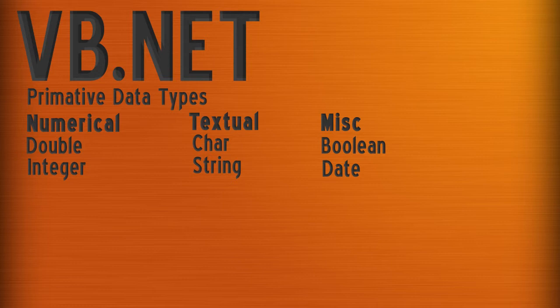Integer, obviously a whole number. Char is going to be a single character. String is actually just an array of characters, so a longer thing. Boolean, true or false, and date I left in because I'm going to probably use it in the structure for a recent score in the Comp 1 car project.